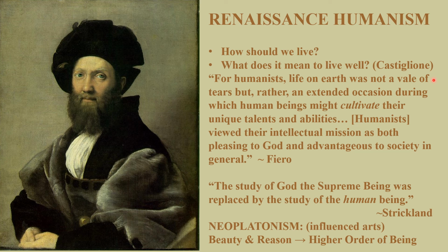But at this point, for humanists, life on earth was rather an extended occasion during which human beings might cultivate, there's that word again, their unique talents and abilities. Humanists viewed their intellectual mission as both pleasing to God and advantageous to society in general. So this idea of cultivating oneself was really stressed.